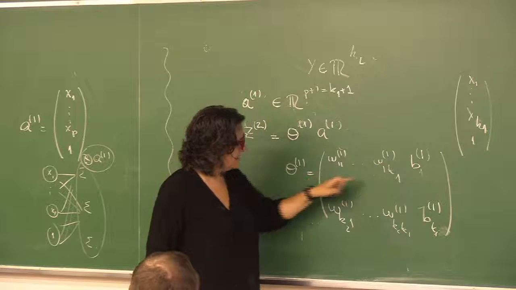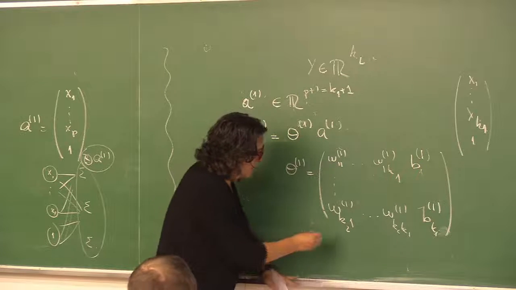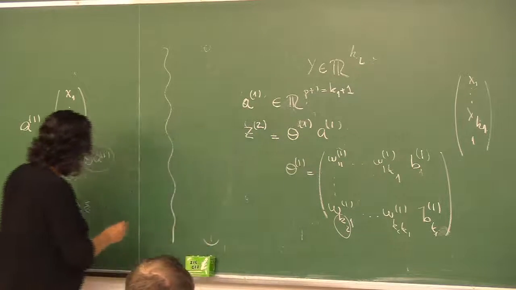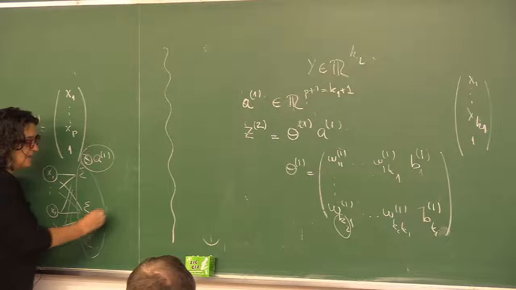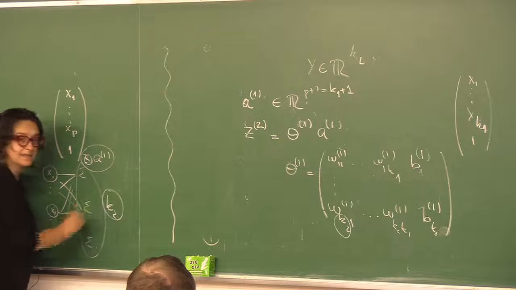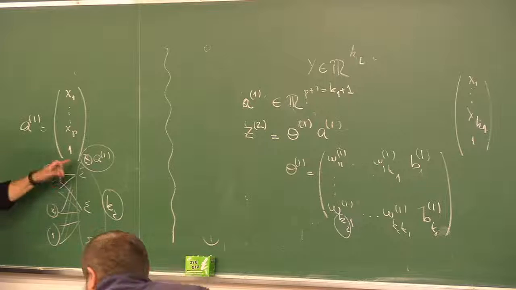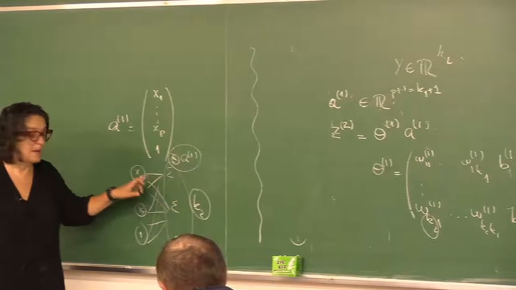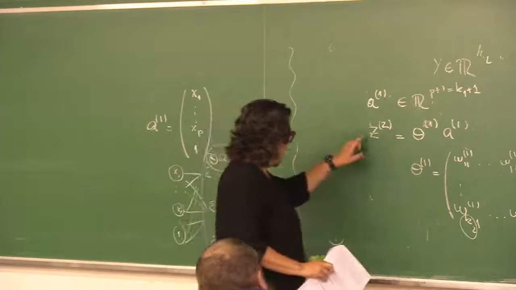Second row, the same, times this. This number, what row is this? It's K2. This means, how many combinations of the predictors am I taking here? I'm taking K2 components. K2 is a general number. This is all the linear combinations I'm taking from there. Okay, and this is my step.